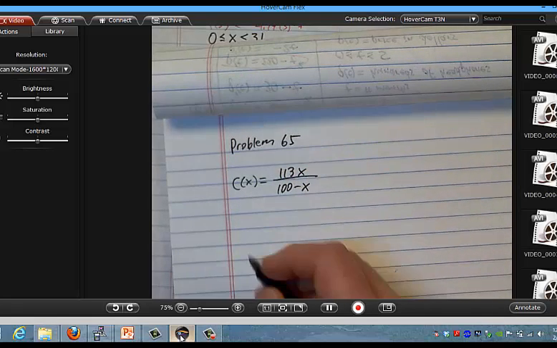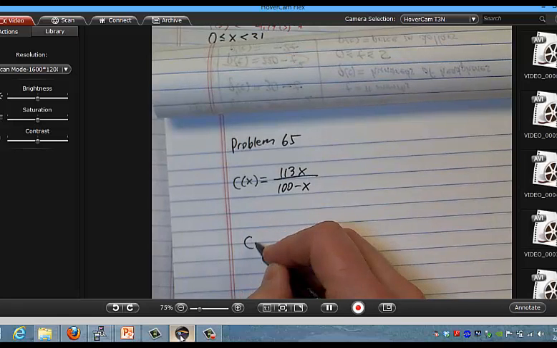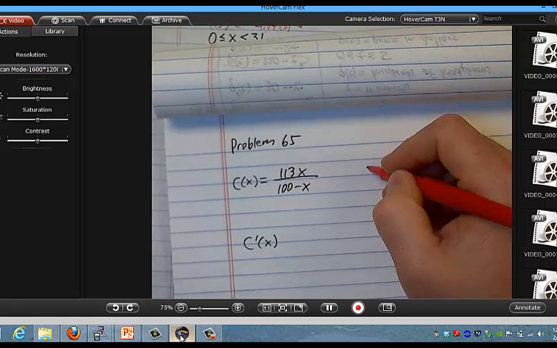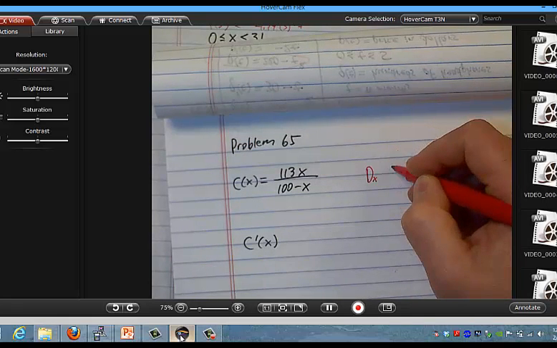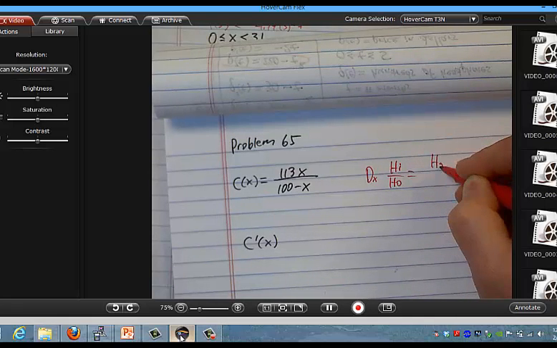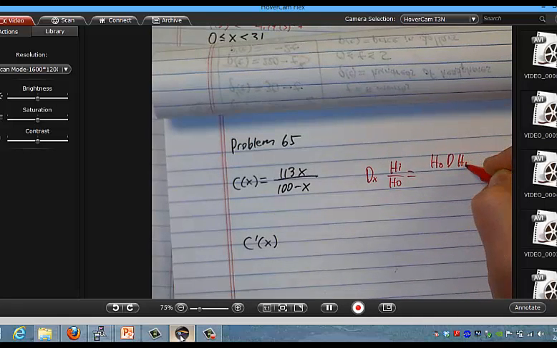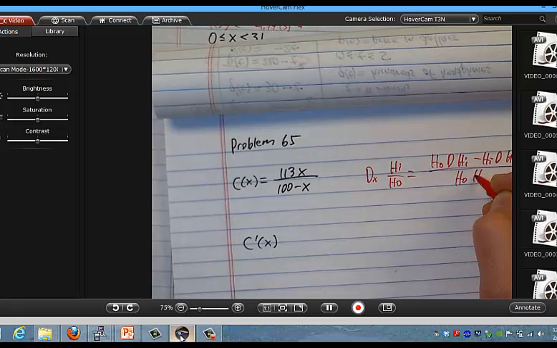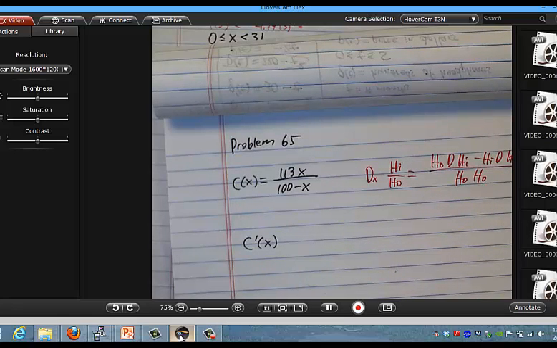And let me just tell you that they're asking me to find C prime of x. Now again, my formula, I like to write it this way. Derivative of high over ho is ho d high minus high d ho over ho ho. I mean, you could say ho squared, but ho ho is easier to remember, I think.